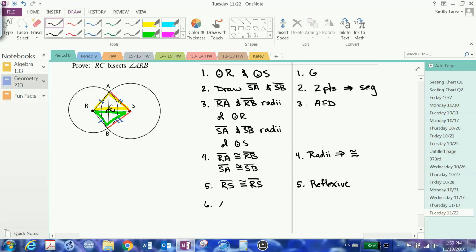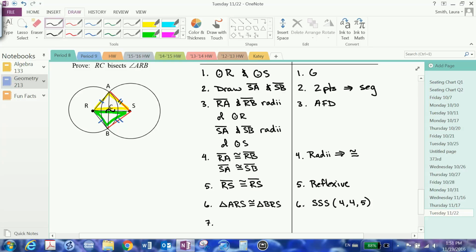So now these two triangles are congruent by side, side, side. See, I got that in steps 4, 4, and 5.